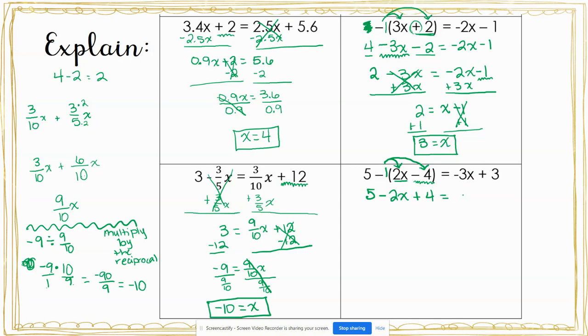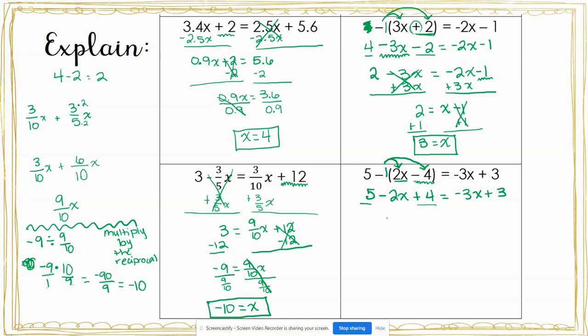On the right side of my equation, there are no like terms, nothing that can be simplified. So I'm just going to rewrite that as -3x plus 3. Now, I can't start solving this equation yet because when I look at the left side, there are still some like terms. I have 5 plus 4, which are both constants, so they can be combined.